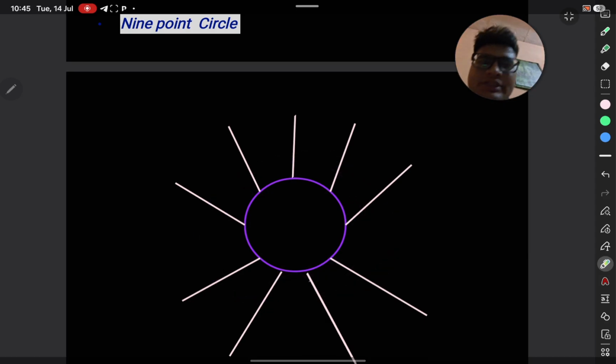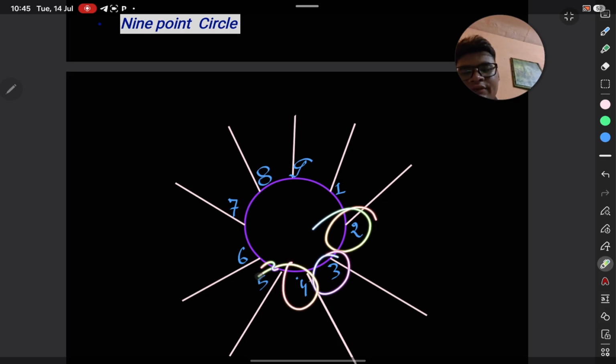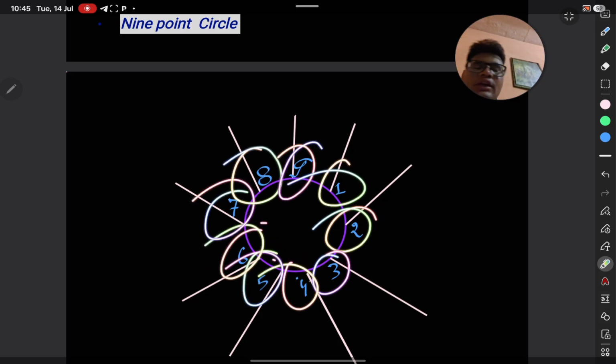So we start counting these numbers: 1, 2, 3, 4, 5, 6, 7, 8, 9. Here we counted 9 points: first point, second point, third point, fourth point, fifth point, sixth point, seventh point, eighth point, ninth point.